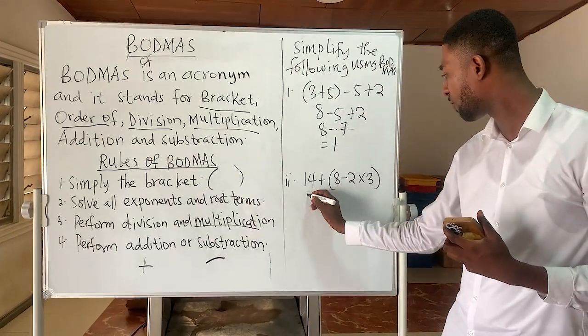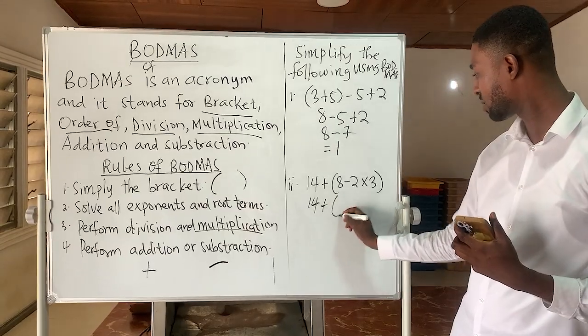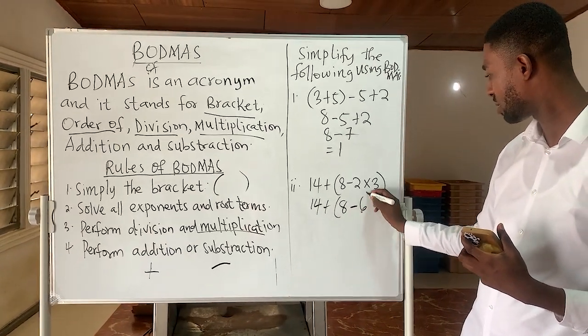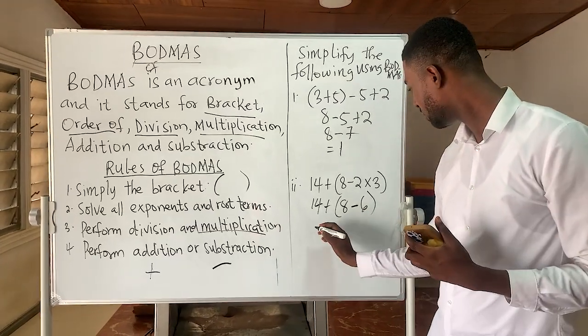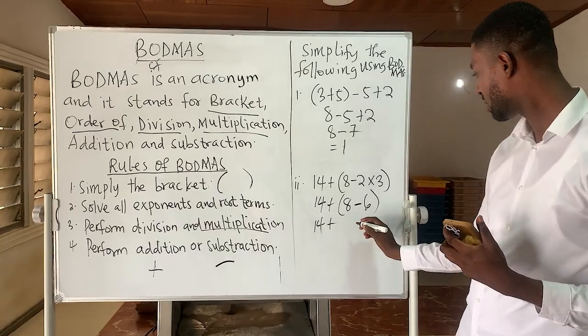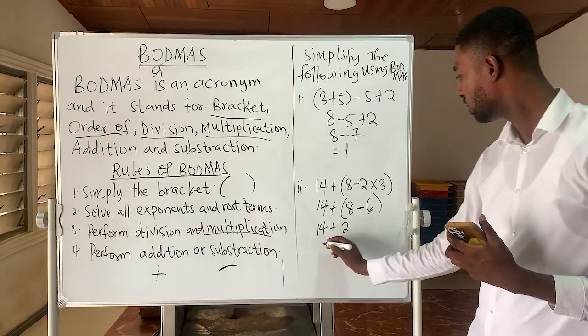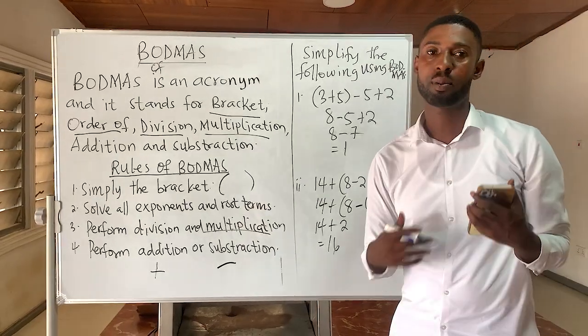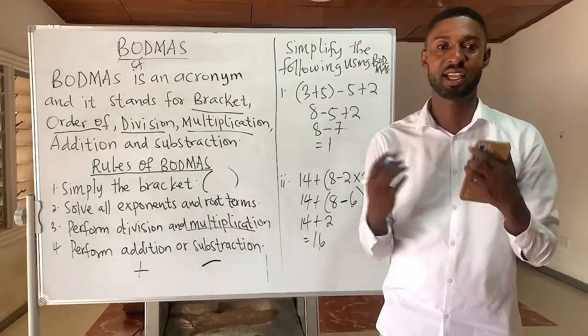So I'm going to have 14 plus 8 minus 6. Then you have 14 plus 2. Then the final answer becomes 16.